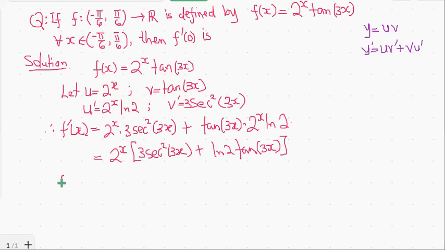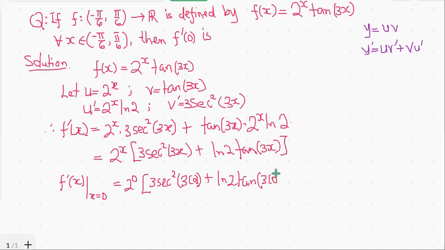Then we'll go further and substitute the value of x at 0. So f prime at x equal to 0 will be equal to 2 to the power of 0 times 3 sec squared 3 times 0 plus ln 2, the natural log of 2 times tan 3 times 0, which is of course equal to 0.